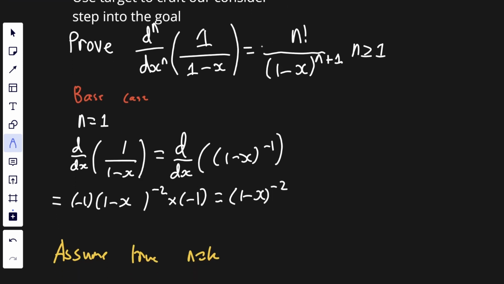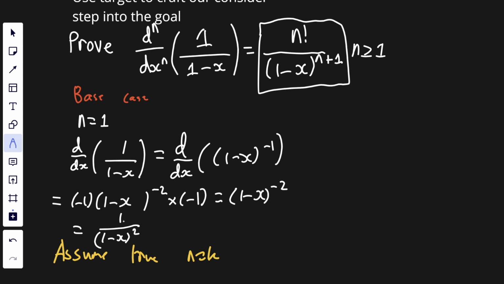And if we look at what we're targeting here, we're looking for 1 factorial over (1 minus x) to the 1 plus 1. Well, this is a negative power, so this can be written as (1 minus x) squared, and 1 goes on top. And this is in fact equal to 1 factorial over (1 minus x) to the 1 plus 1. So we get it as true for the base case.